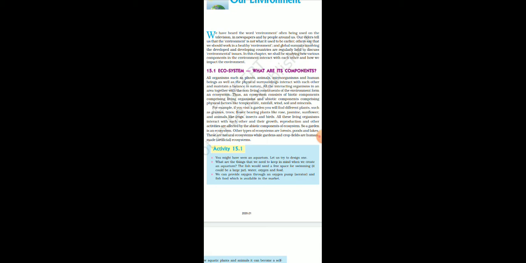All these living organisms interact with each other and their growth, reproduction and other activities are affected by the abiotic components of the ecosystem. So a garden is an ecosystem. Other types of ecosystems are forest, ponds and lakes. These are natural ecosystems while gardens and crop fields are human-made artificial ecosystems.